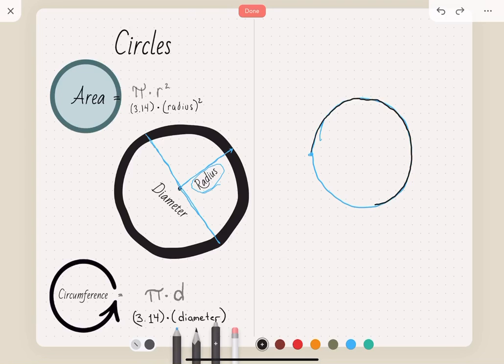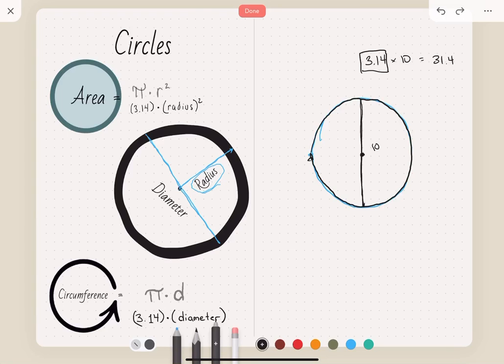Some brilliant mathematicians of the past realized that if you take the diameter of the circle, say it's 10, and you multiply it by 3.14, you get the circumference of the circle. It's really that easy. We just take the diameter and multiply it by pi, which is 3.14.